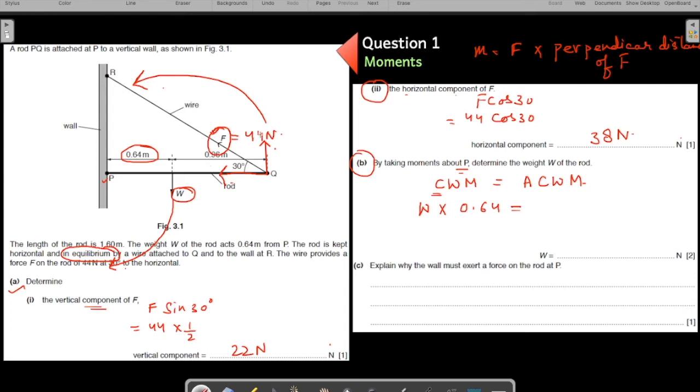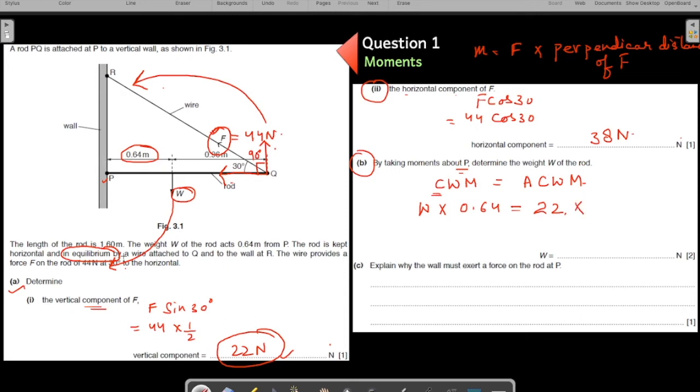So what is the perpendicular component here? The vertical component of F. If you see, the vertical component of F is perpendicular here, making 90 degrees. So you'll take the perpendicular component, the vertical component, multiplied by its distance.